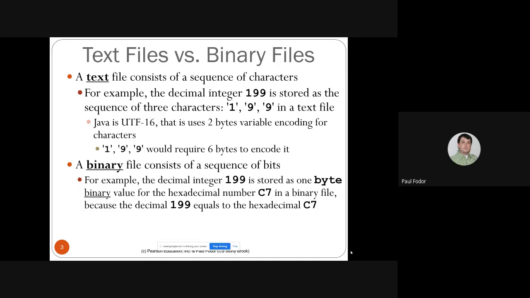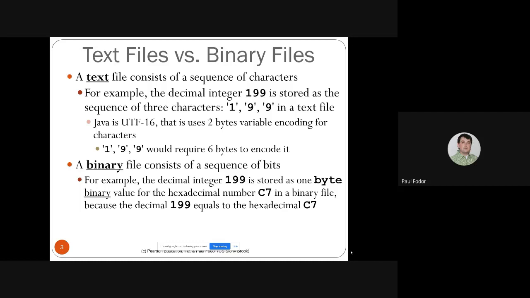A text file consists of a sequence of characters. For instance, if I want to encode the decimal number 199 in Java source code, it will be stored as a sequence of 3 characters, 1, 9, and 9, in a text file.